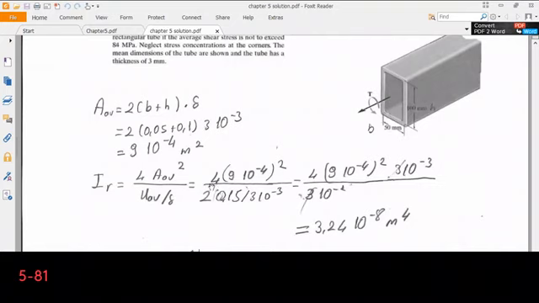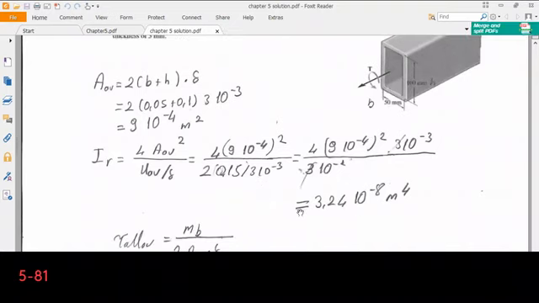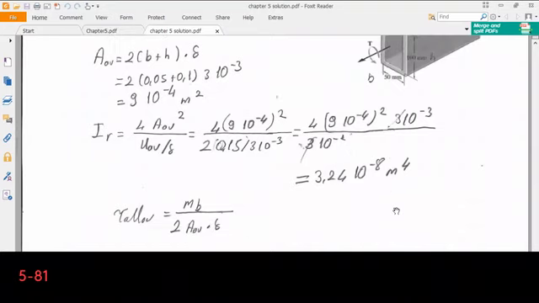So it is 4 times 9 10 to the power minus 4 square divided by 2 times 0.15, which is the average circumference, divided by 3 10 to the power minus 3. So from here you can find the rotational moment of inertia as 3.24 10 to the power minus 8 meter to the power 4.